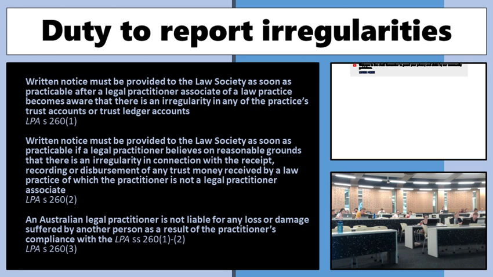If it's another person, obviously you can dob yourself in. You have a duty to dob yourself in if you've done something dumb. But if you dob in another person, there's a really strong whistleblowing clause that says if it was someone else and I've blown the whistle on that person, I can't be held responsible. Not liable for loss or damage suffered by another person as a result of that compliance.